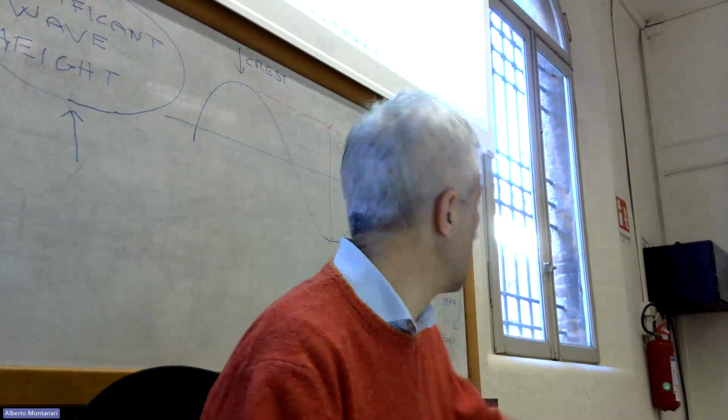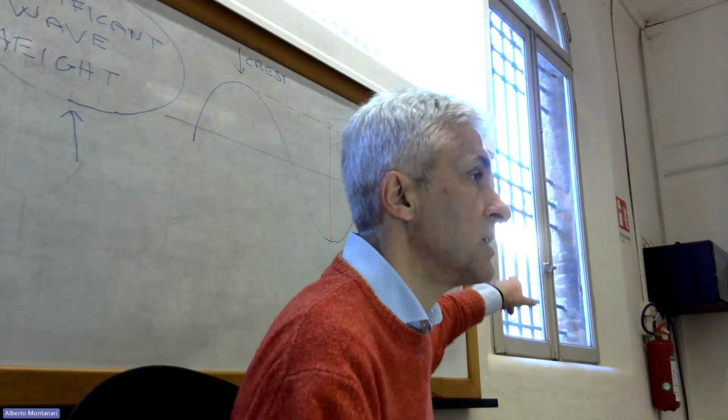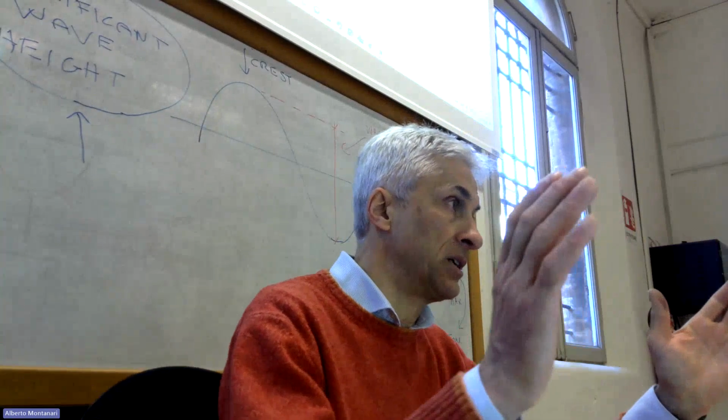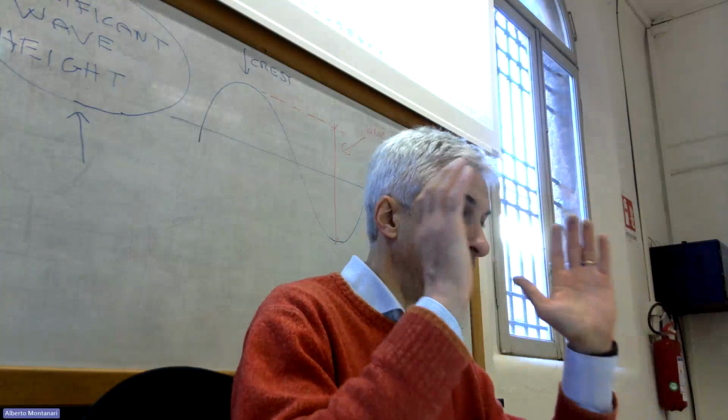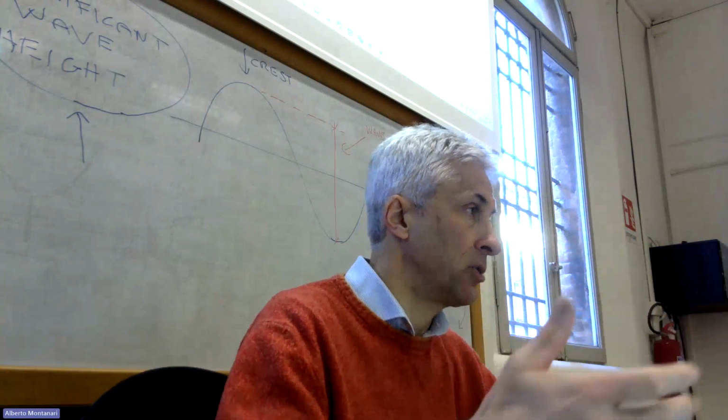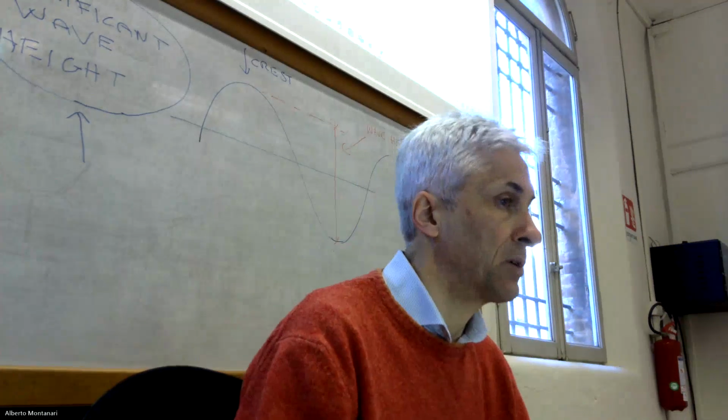This is, according to this definition, the significant wave height. Okay, so I order the data in ascending order, and then I am taking the highest 1/3, and then I compute the average, the mean.